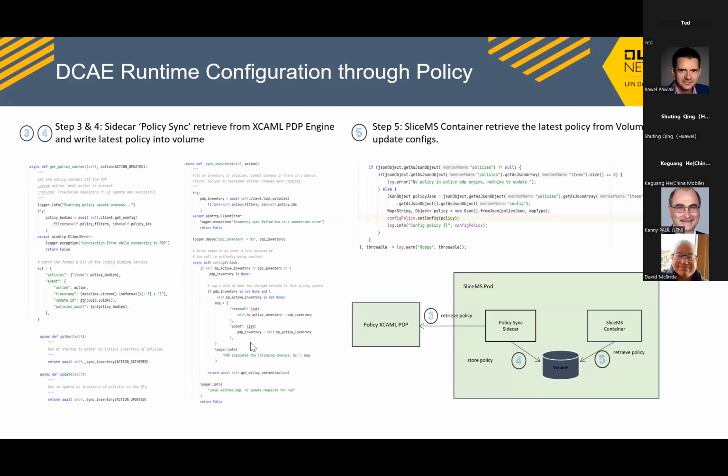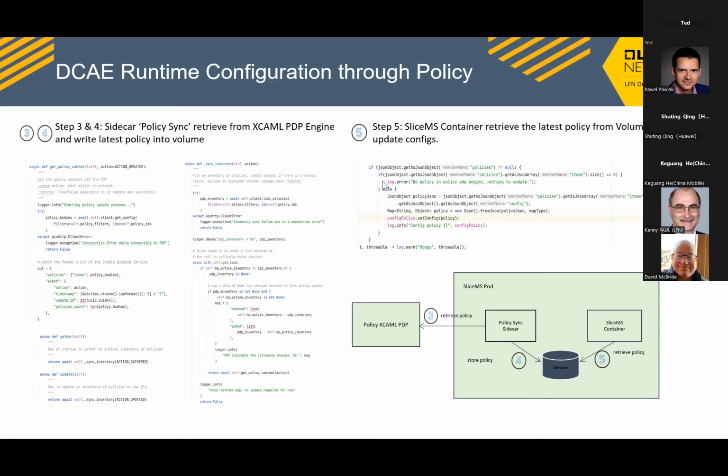And here is a mechanism that can detect whether there is a policy already in the volume. Let's say for CLL1 there already is a policy set in the volume, I will just refresh it.